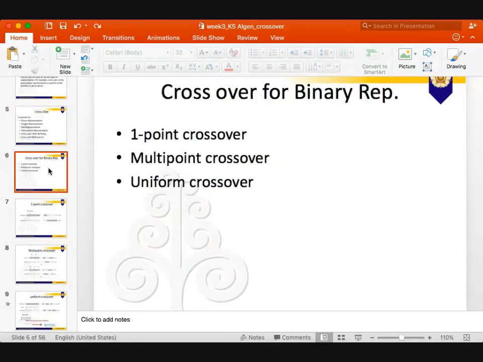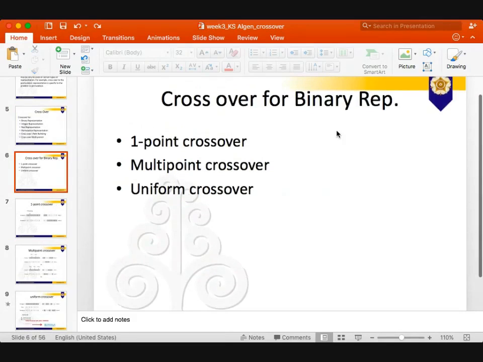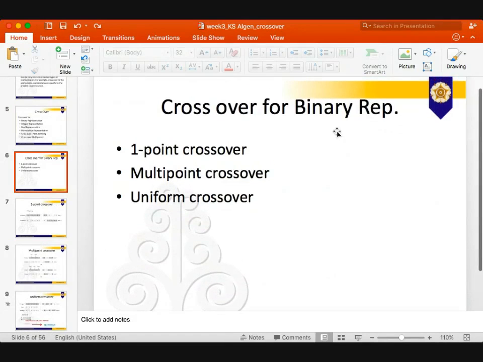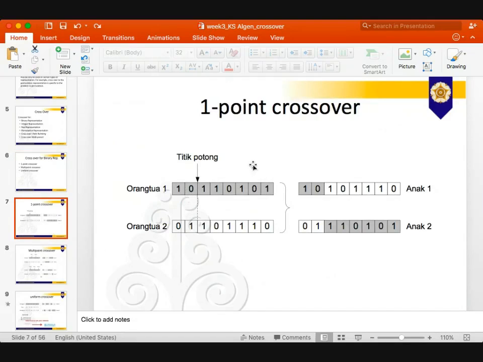Okay. First, about the binary representation. We have three basic types of methods. The first one is one point crossover. The second one is multi-point crossover, and the last one is uniform crossover. Okay, in one point crossover, what we do first is define the crossover point.